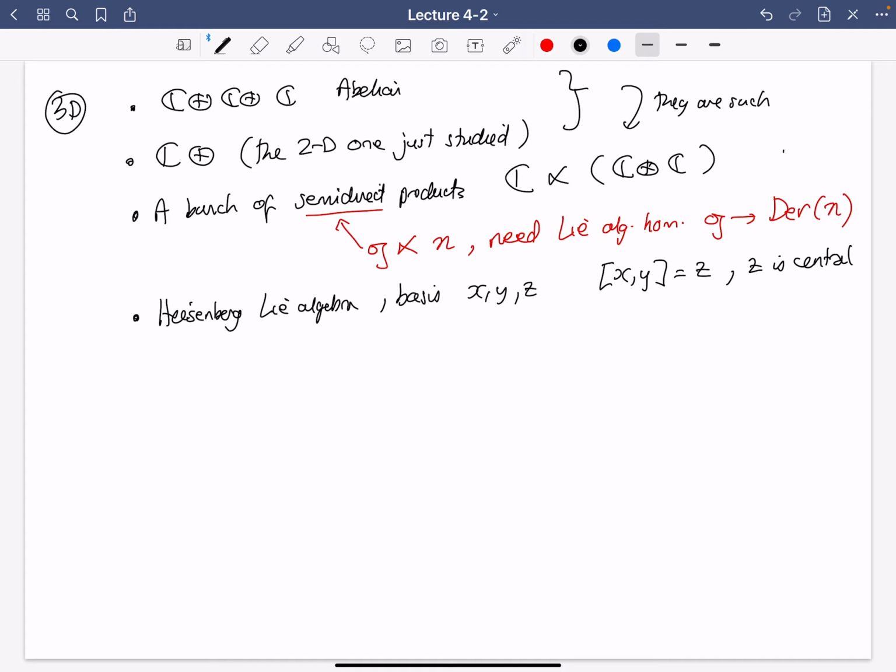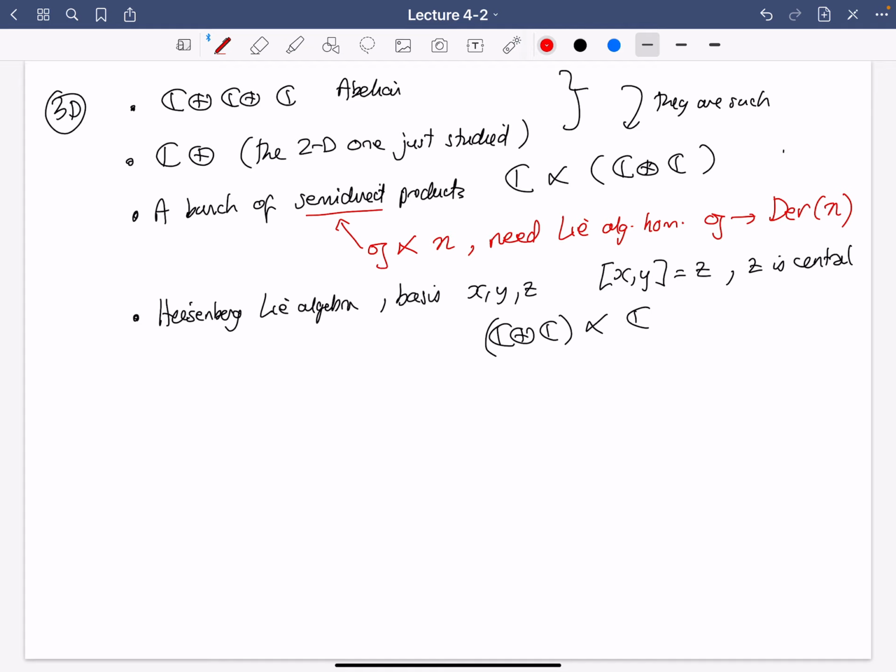You can think of this as a semi-direct product as well, but it's a semi-direct product with the one-dimensional Lie algebra being the ideal, spanned by this central element z, and then there's an abelian two-dimensional Lie algebra on top of that. By the way, most of these semi-direct products are solvable but not nilpotent.